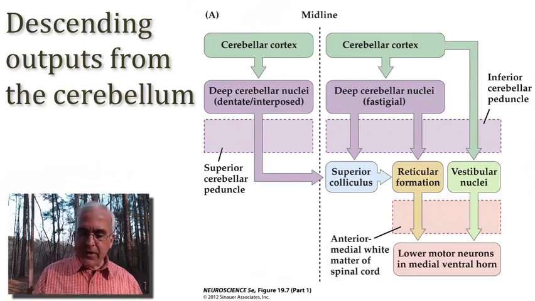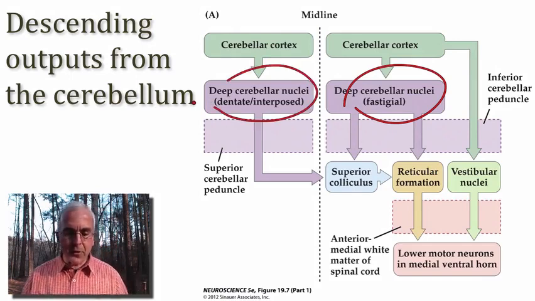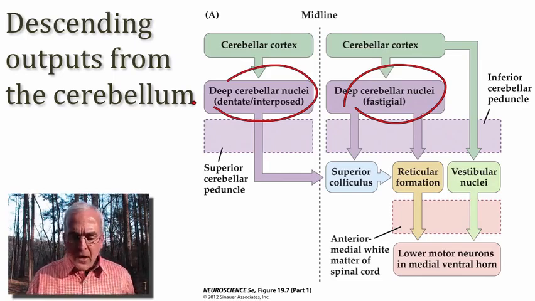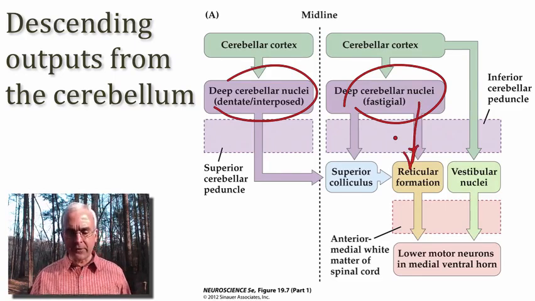So recall again that we have our deep cerebellar nuclei. Near the midline, we've got the fastigial nucleus, and a bit more laterally, we have the dentate and the interposed nucleus. And for the descending outputs now, we focus mainly on the connections to the reticular formation of the brainstem.